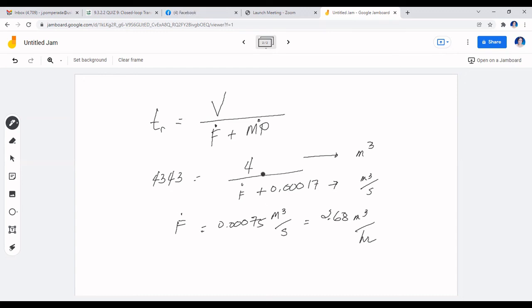In this case, if we substitute the values to our formula, so you have 4 for the volume of the crystallizer, and you have 0.0017 in cubic meter per second for the product removal, then this would be the clear liquor flow rate. So the reason why you have to add the mixed product removal rate and the liquor flow rate, it's because at any time inside your crystallizer, you have these two being processed.